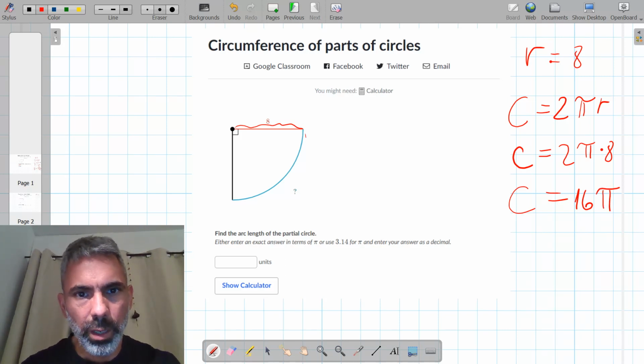And here the length of the arc is 1/4 of the full circumference.